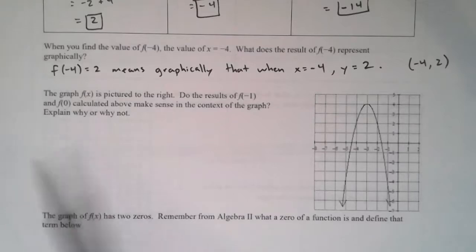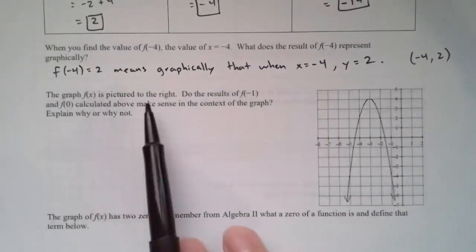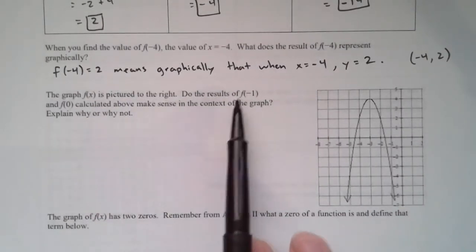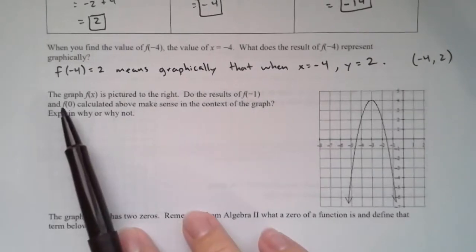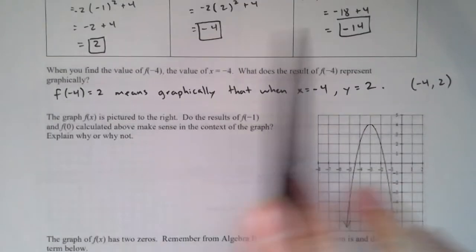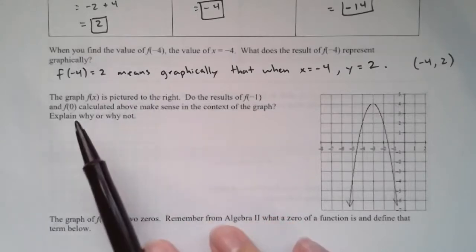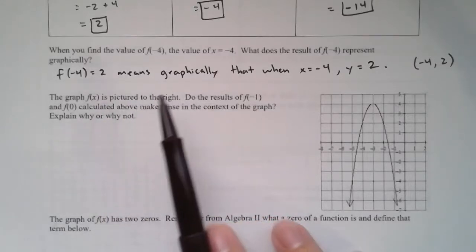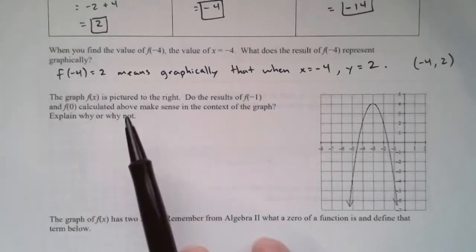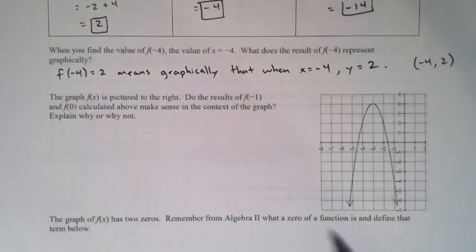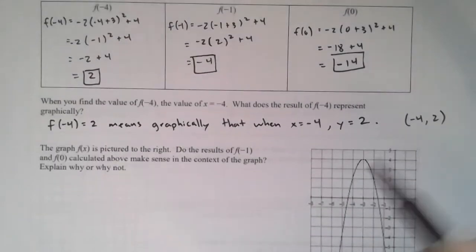So right here says the graph of f of x is pictured to the right. Do the results of f of -1 and f of 0, the next 2 up here, calculated above make sense in the context of the graph? Explain why or why not. Notice that for f of -1, I got -4.